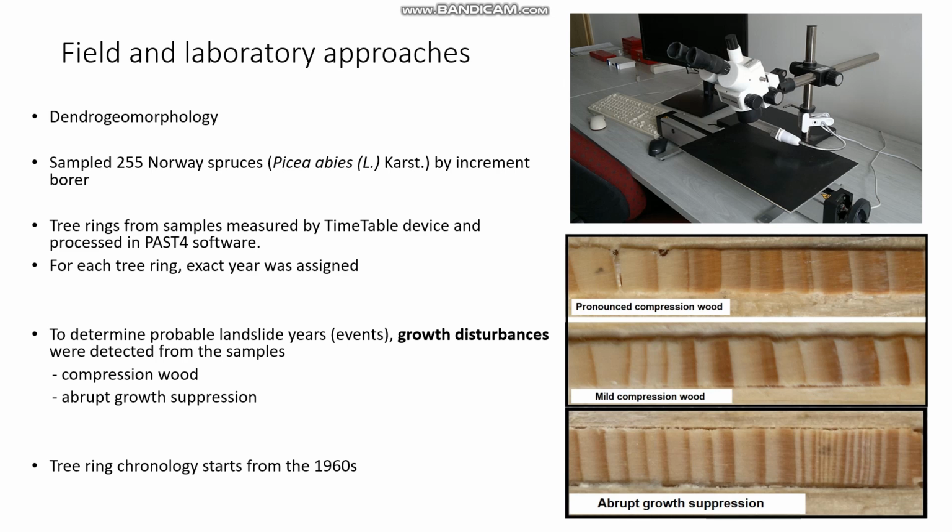For the main determination of possible landslide years, I use growth disturbances. I work with compression wood, which is that brownish wood you can see on the right. It's the strong version, and this is the mild, weaker version, and always the first year was assigned as a possible landslide year.